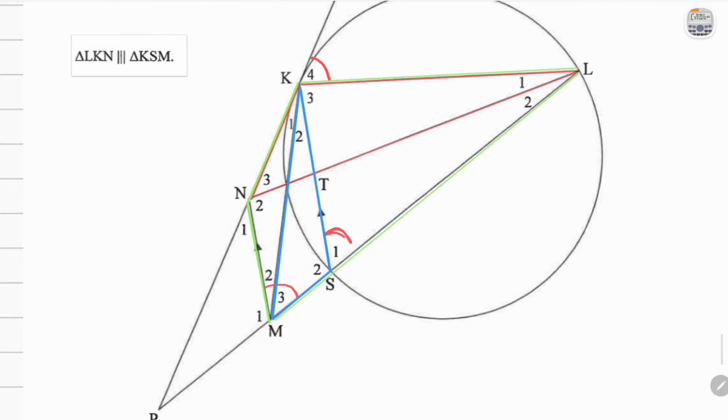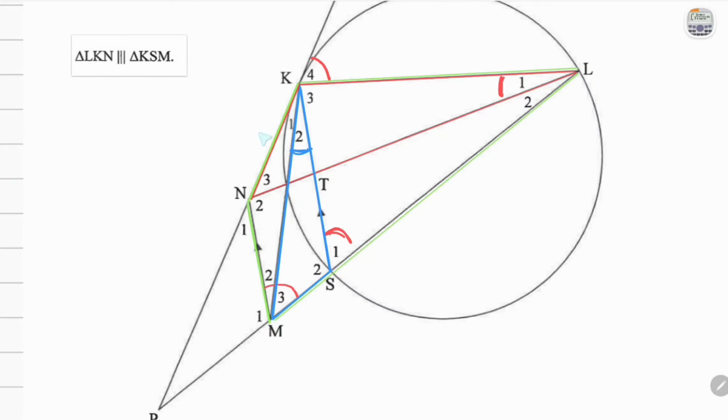The L in this one triangle will go with a K in the other triangle. So L will be this angle over here, and the K in the blue triangle would be K2. So let's look at those and see how they are equal.